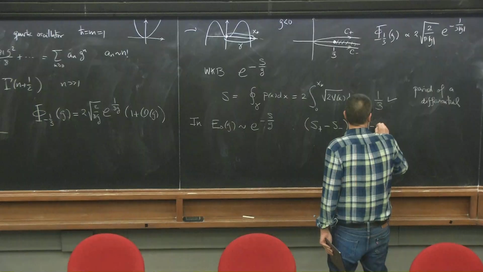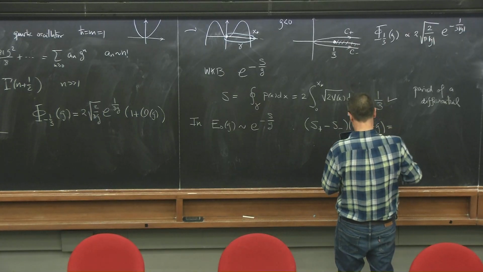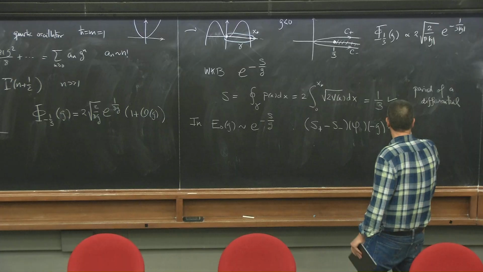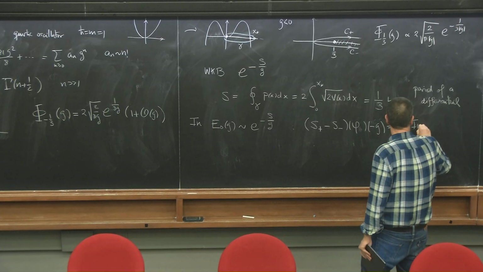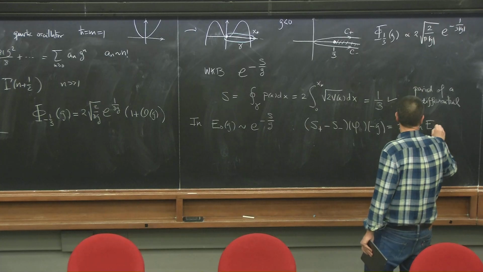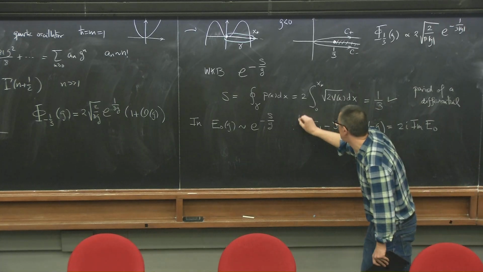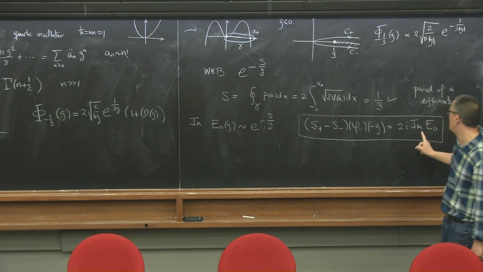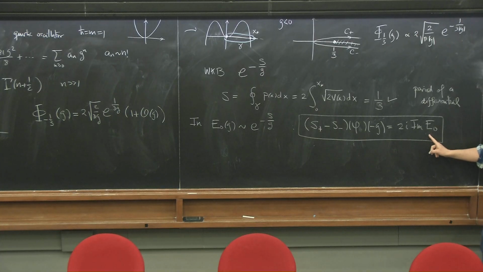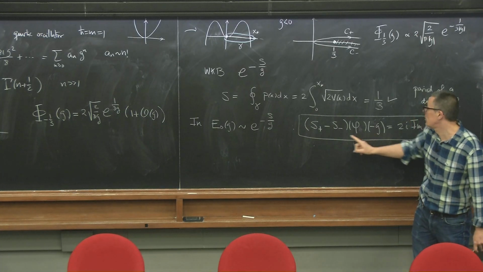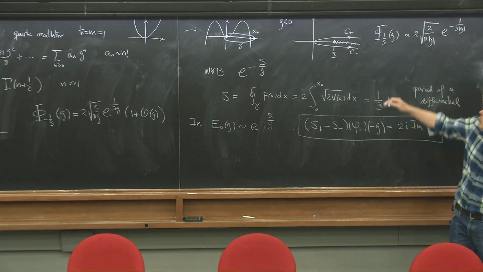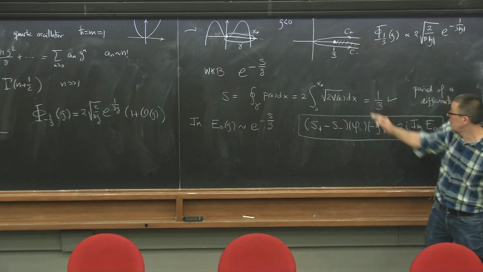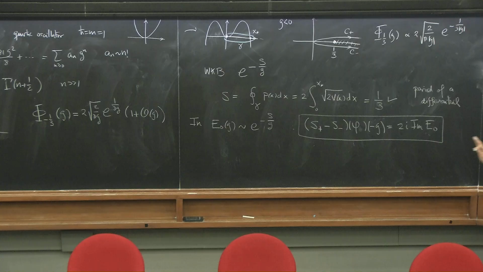The discontinuity of the series is actually twice i times the imaginary part of E0, okay? So this is an exact formula which tells you that you can calculate the imaginary part of E0 exactly by calculating this discontinuity, okay? So this discontinuity is going to be purely imaginary, and this is giving you twice the imaginary part of the energy.